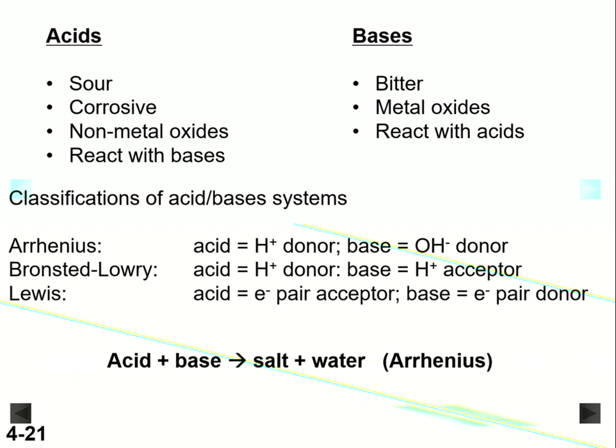You'll see this a lot in organic chemistry. We won't spend any time on Lewis acids and bases in this course. But a Lewis acid, as you'll see later, is an electron pair acceptor, and a Lewis base is an electron pair donor. So we're going to focus on the Arrhenius definition. And in this case, an Arrhenius acid plus an Arrhenius base will always mix together to form salt and water.